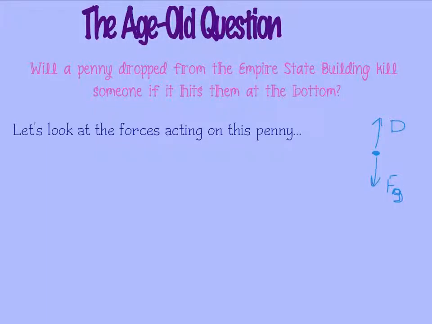Writing a net force equation for this would yield the equation D minus Fg equals ma. And we know that it's accelerating downward, so really we could say negative ma.